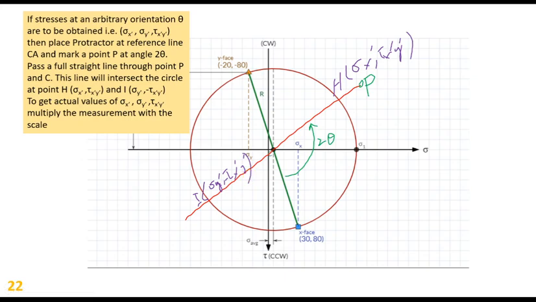This is the convention that we use in drawing the Mohr circle. So by having the values of these, we will again measure this length and multiply with the scale to get the actual value of this.